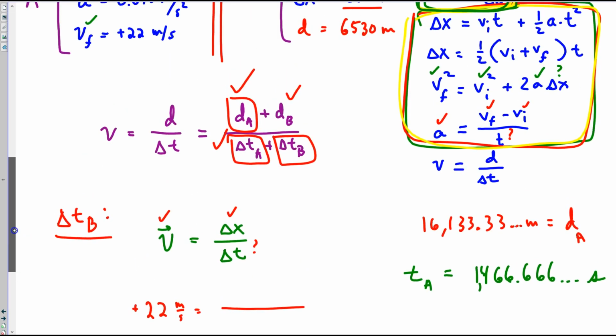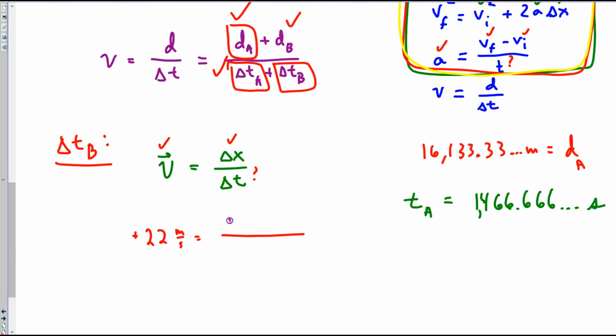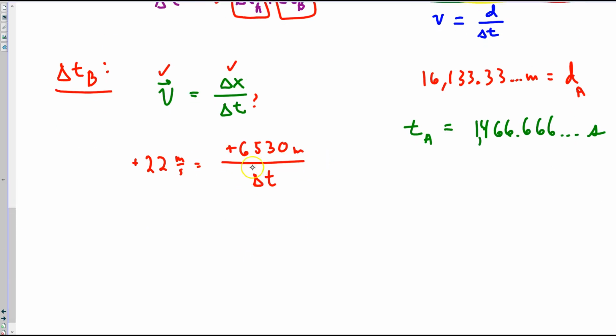The displacement is positive 6530. And time is right here. Again, we're going to have to multiply both sides by time, which is going to move it over to the numerator. And then this 22 will have to get to the other side away from time. So because it's in the numerator, we'll divide both sides by 22.